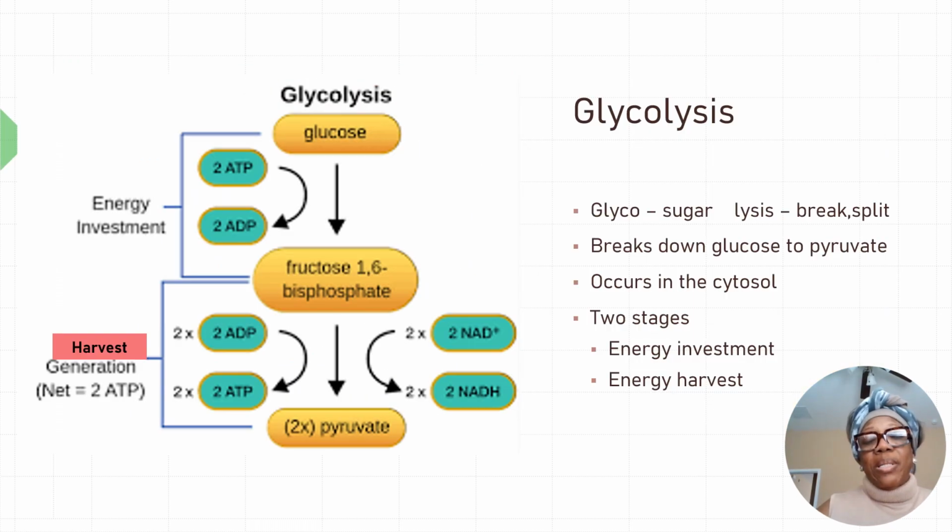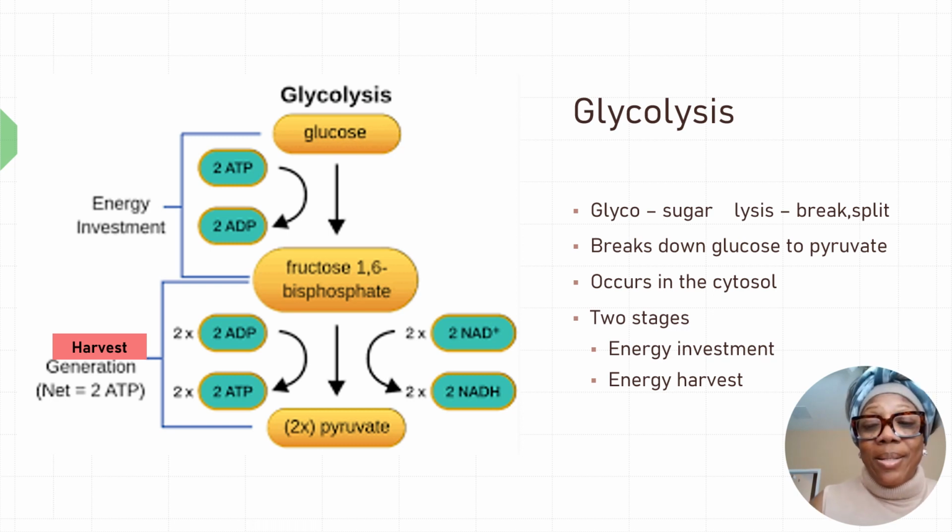So glycolysis is basically the breakdown of sugar. Glyco standing for sugar, lysis to break or split. That whole process of glycolysis breaks down glucose to pyruvate. Pyruvate is converted into acetyl-CoA, which then enters the Krebs cycle.